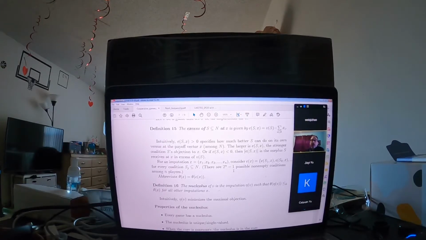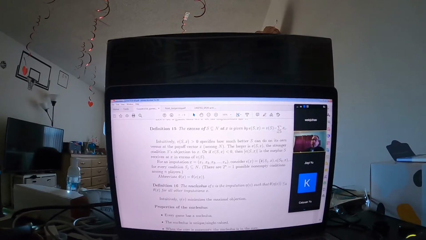In fact, in general, this is the formula for the number of non-empty coalitions. So if you have 3 players, there are 7 possible coalitions. There are the coalitions 1, 2, 3. There are the coalitions 1 2, 1 3, 2 3. And there's the coalition N. So this is just intended to represent each of the possible coalitions.